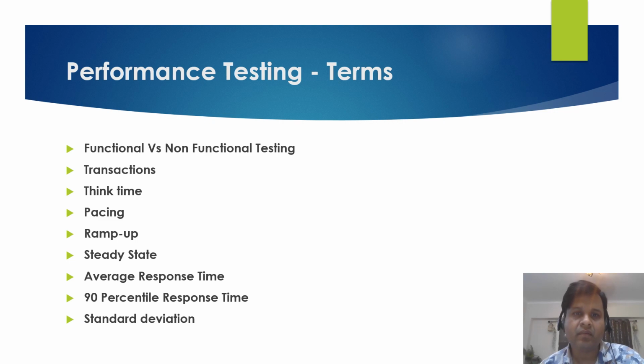Selecting a product from the available products is another transaction. Adding a product to the cart is one more transaction. So a transaction is nothing but the steps you perform in a functional flow. We name it as a transaction. We always start a transaction, and once that step is completed or we get the result, we end that transaction. So this is part of the scripting template in performance testing.